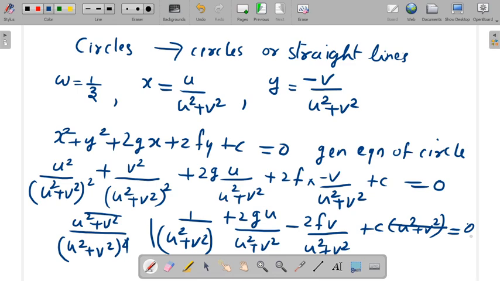See, (u² + v²) is the common denominator.